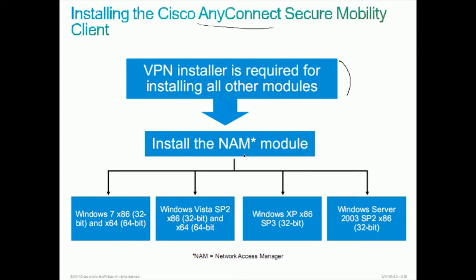Well, first of all, of course, we saw that we need the VPN installer. And then from there, of course, we have a number of different choices as far as the operating systems that we can support. And of course, it's all about the installation of the NAM module. Now, there are a number of tools that you can use to install and configure the AnyConnect client with the NAM module.